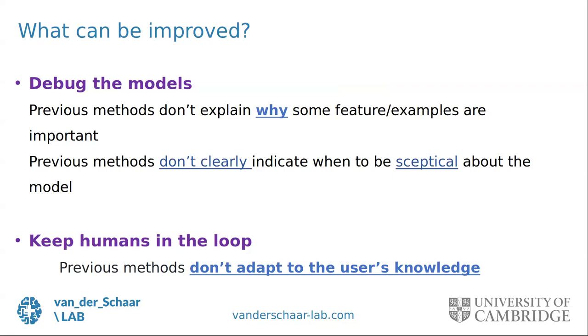What can be improved upon the traditional approach that I just presented in the previous slide is that we need to understand why features or examples are important, not just which ones are important. And that can be seen much more when you have specific examples rather than general examples. We also need to understand when to be skeptical about a model.